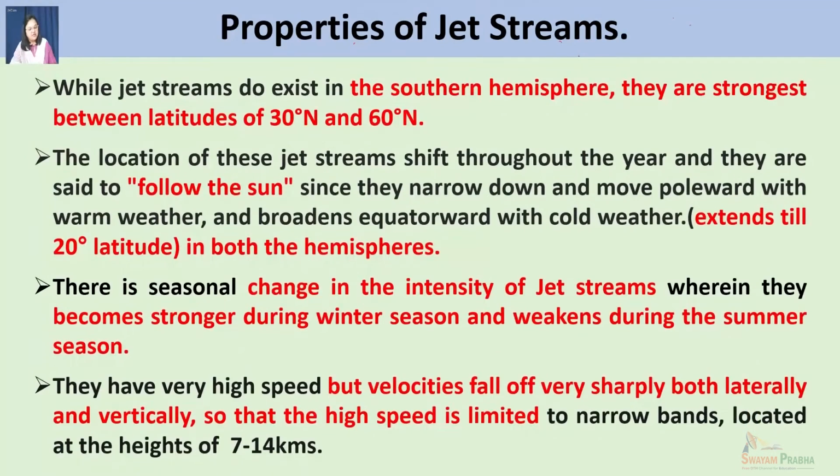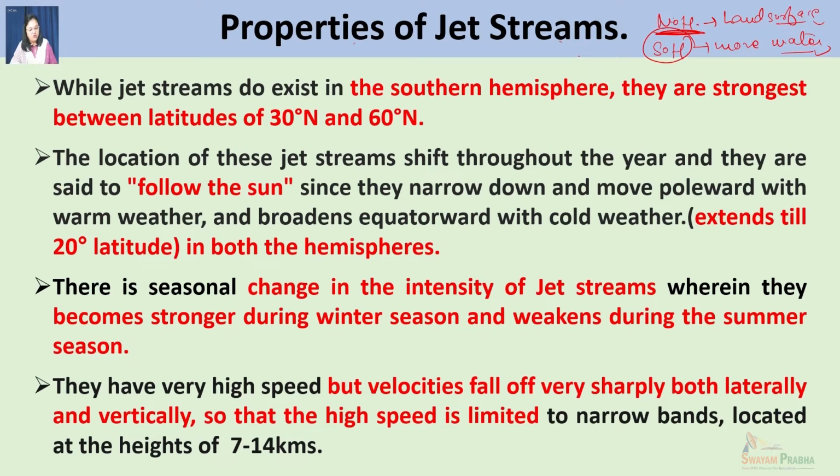The jet streams are developed both in the northern hemisphere as well as in the southern hemisphere. However, the southern hemisphere has more water surface, whereas the northern hemisphere has more land surface.